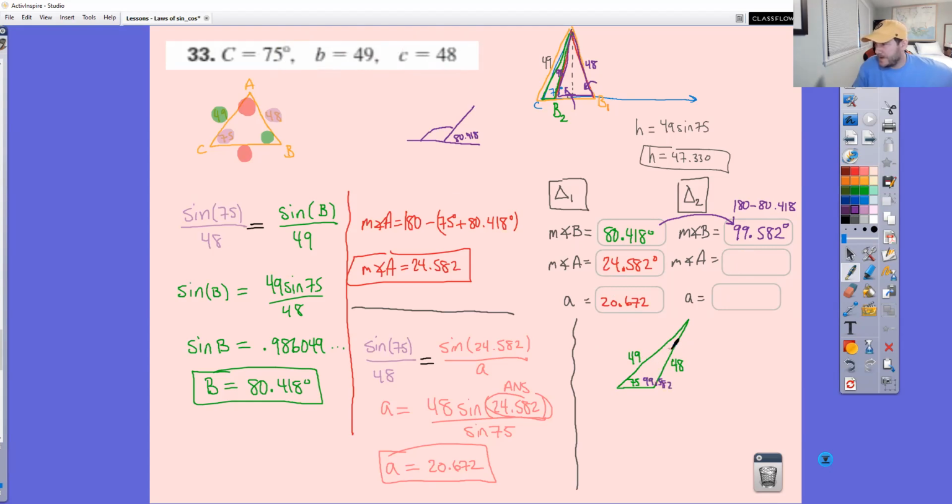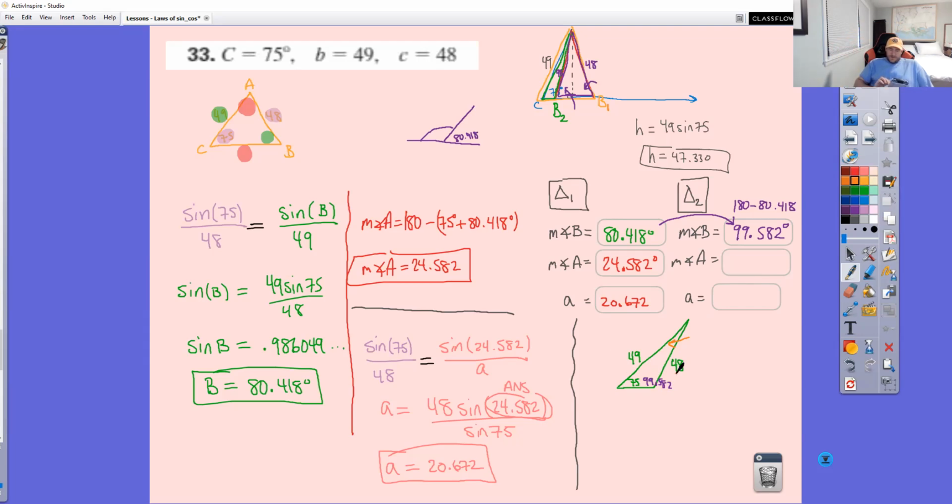And that's good news, because now we can find this angle up here. Because if all three angles have to add up to 180, then we just do 180 minus the 75 and the 99 point blah, blah, blah. So I'm going to do that in my calculator. Oh, yeah, I lost my answer. Can't get it back.